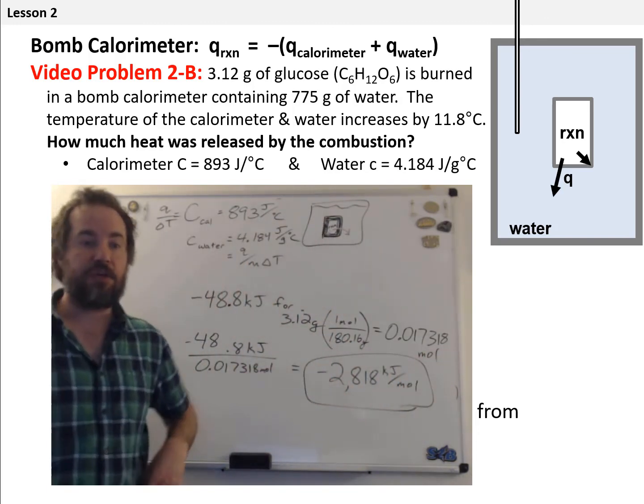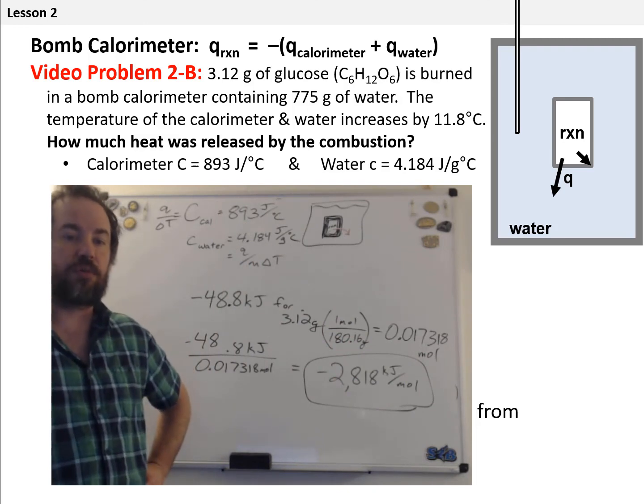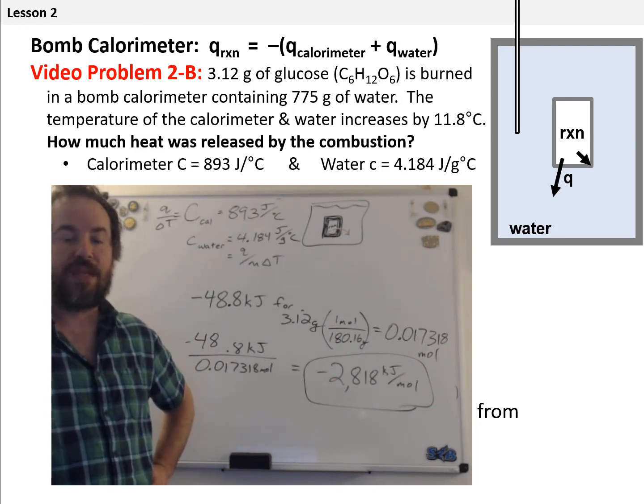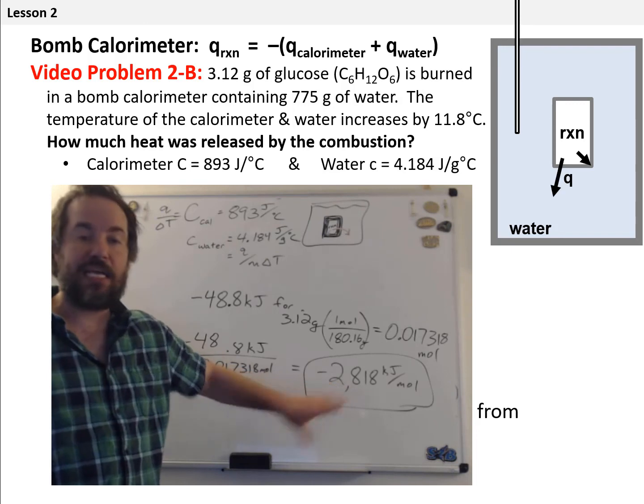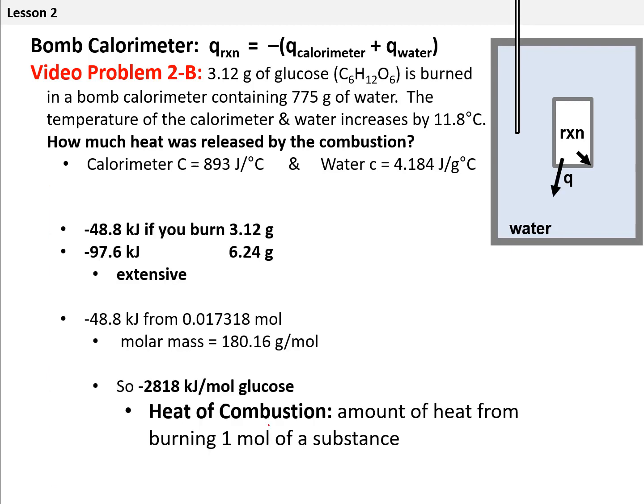So negative 2,818 kilojoules per mole. This is what we call the heat of combustion. For every 1 mole, I get this much. This is nice because if I know I have 2 moles, I get twice as much. 3 moles, I get 3 times as much. I can use this for a bunch of calculations. And that's what we'll cover in lesson 3. All right, so I want to end this exactly at 20 minutes, so talk to you later.